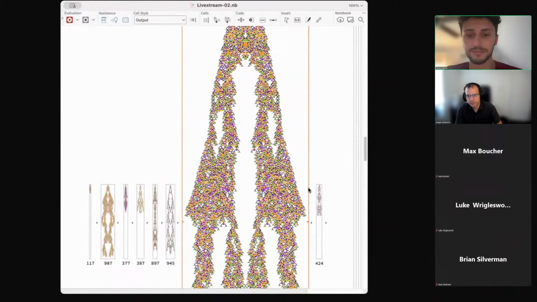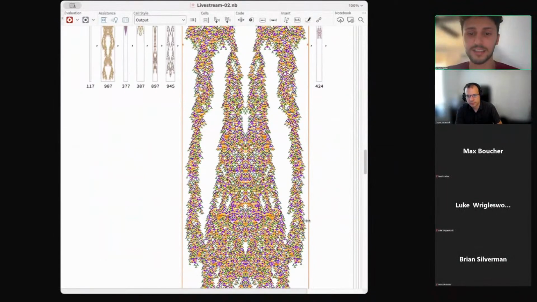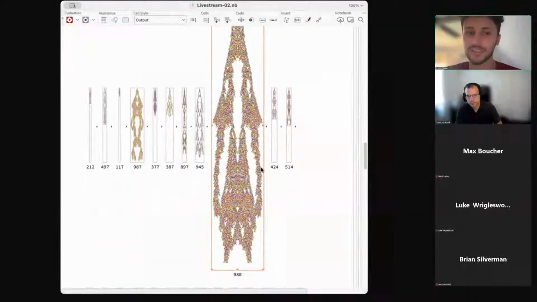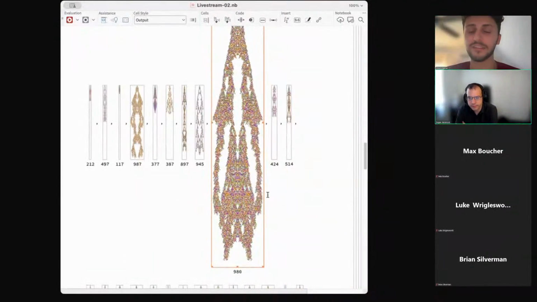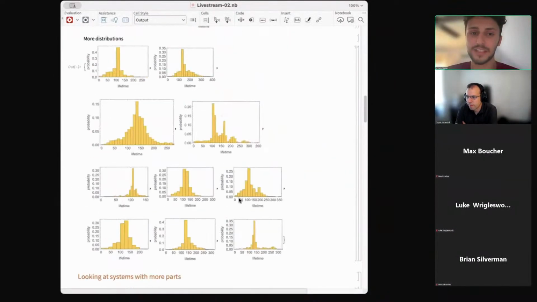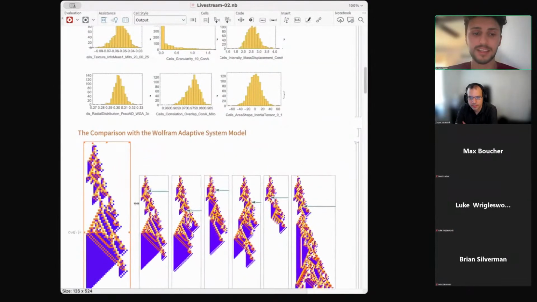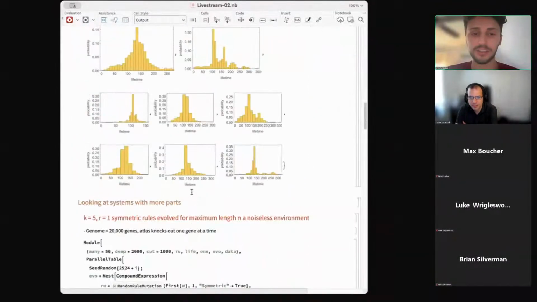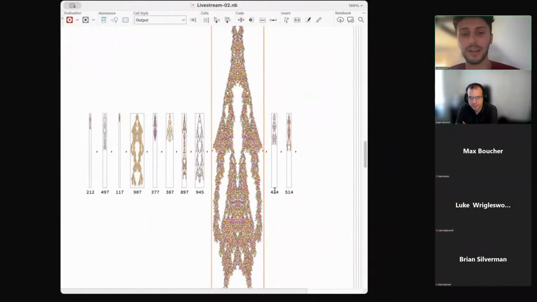By the way, it's interesting that these look, to me at least, more biological. I think it's getting at the level of complexity that we're used to seeing in biology. For this pattern here, it's almost too simple compared to what we're used to seeing in biology, as opposed to something like this, which seems more lifelike, at least to my eye.